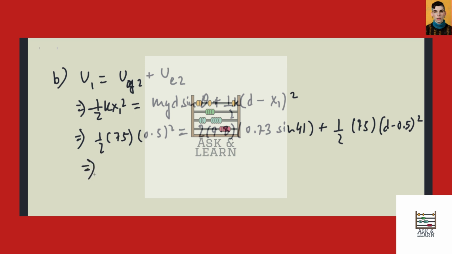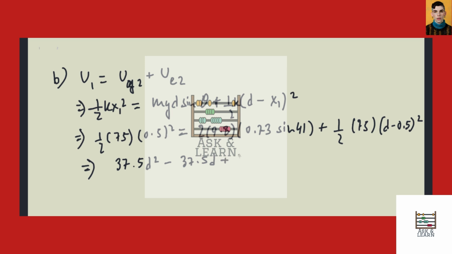All right, so looking at the quadratic on the right-hand side, you have 37.5 d squared minus 37.5 d, because that's what the second term from this will give us, plus 1/2 times 75 times 0.5 squared, which is the same as this term on the left, so those terms cancel.